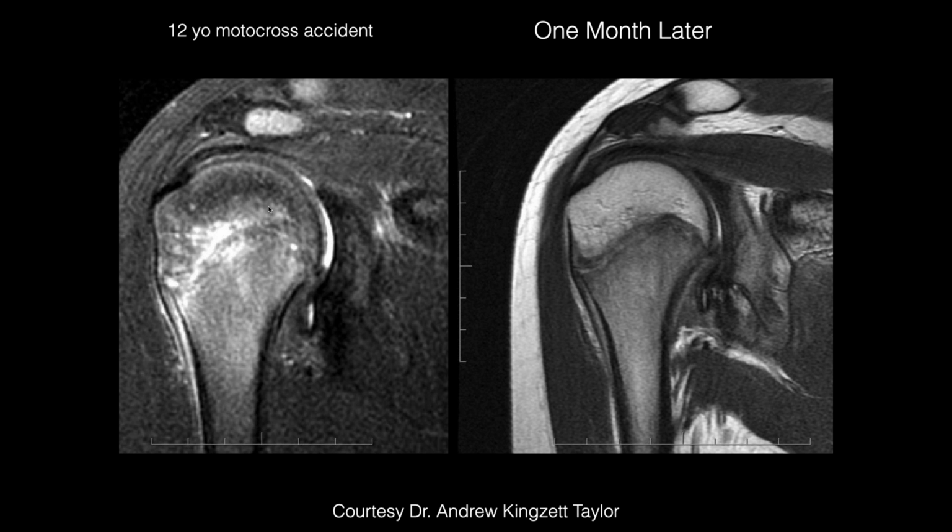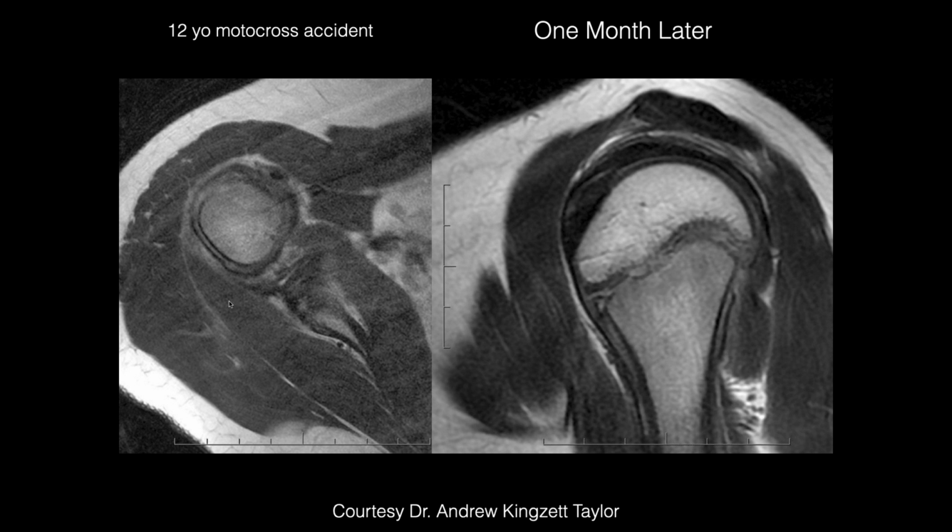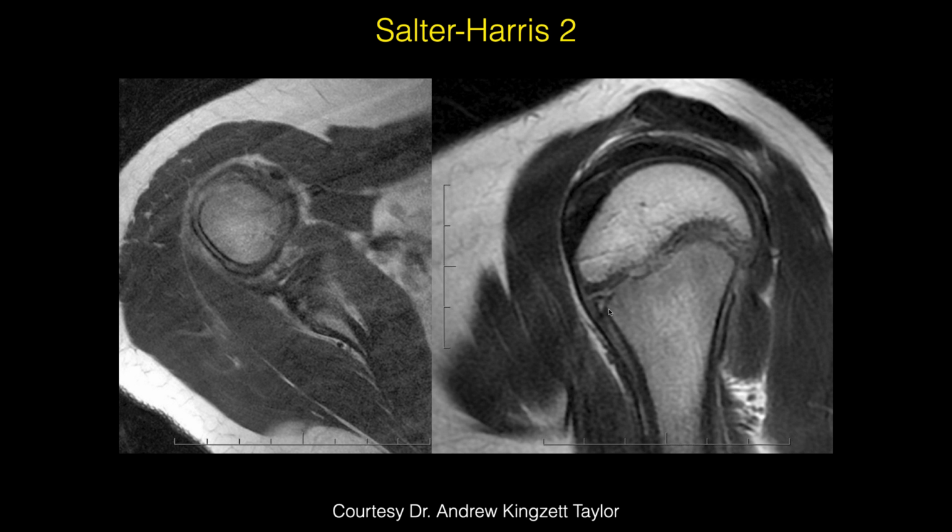But when we go to the MR scan, the main thing I see here is a lot of edema around the growth plate of the humerus. Yeah, the physis. And here we can see this is abnormal thickening and a lot of irregularity. The physis should be nice and smooth all the way through here, and there's a little irregularity there.